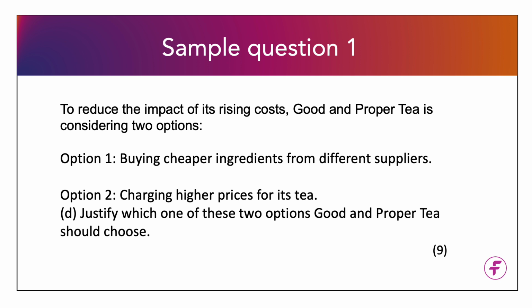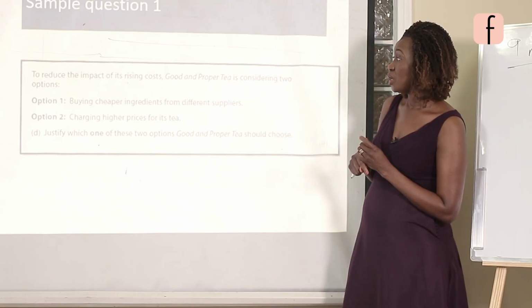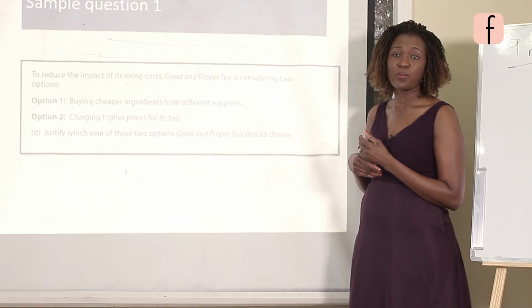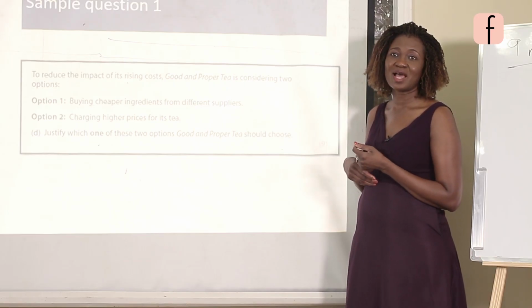In the 9-mark question, you'll be given two options. The way to answer this question is, first of all, to make the decision. You have to make a decision on which one you think Good and Property should choose. There is no right or wrong answer to it. So long as you justify your point, you'll be able to get the answer right.